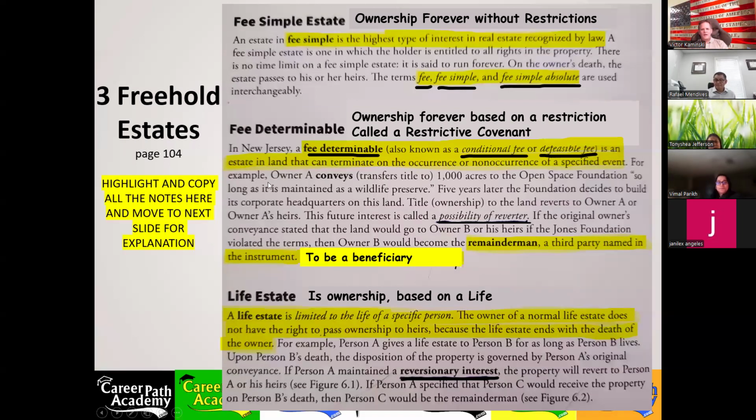Okay. So the ownership can be terminated on the occurrence or non-occurrence of a specified event. The ownership or the rights in the real estate.